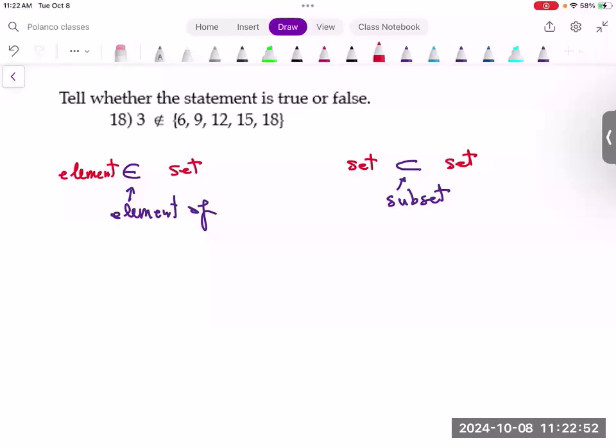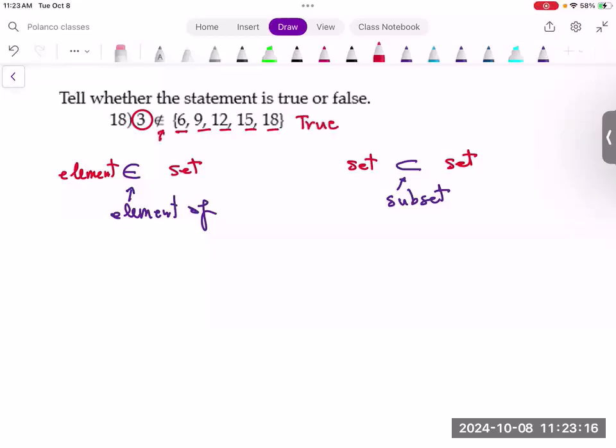So every symbol, you need to be using a specific grammar. So for number 18, obviously 3 does not belong to this, right? Why? Because I don't see 3 here, right? None of these elements is 3. So the statement here is actually true.